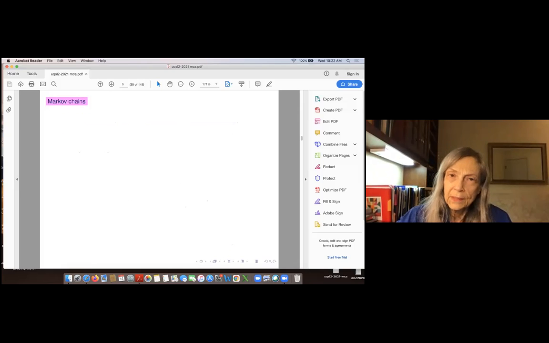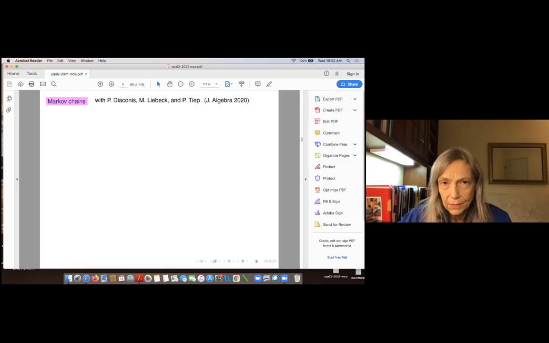So now I'm going to talk about Markov chains. This is joint with Persi Diaconis, Martin Liebeck, and Pham Tiep. It appeared in the Journal of Algebra about a year ago. Like Sue Sierra, we were all at MSRI.